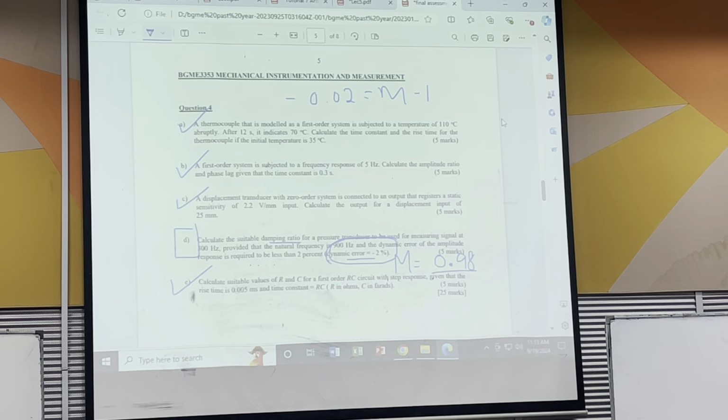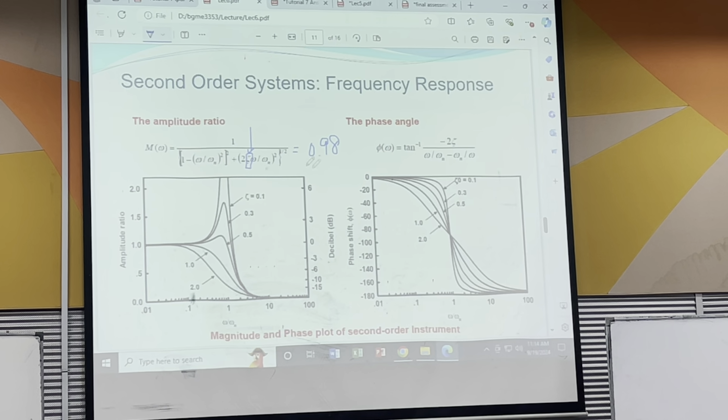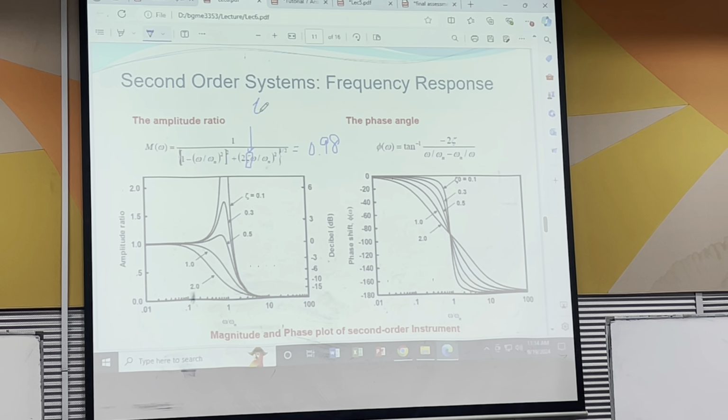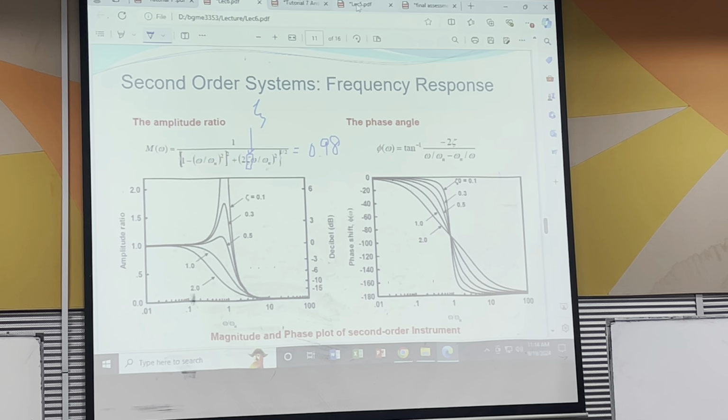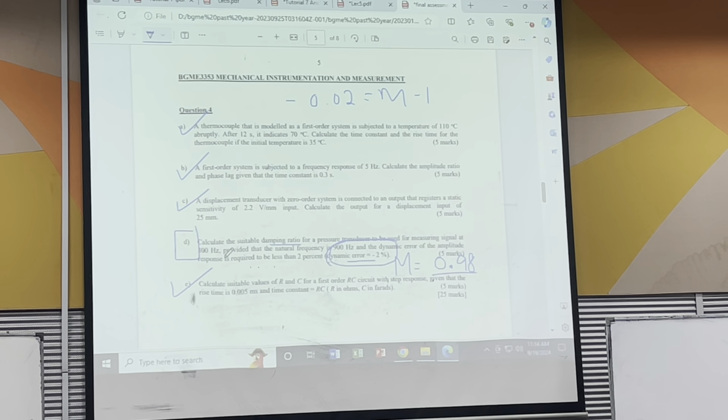Right, the rest is based on your skill of using your calculator already. You substitute this, using this whole entire amplitude ratio equals 0.98. So how do you find the damping ratio from here? Omega is given, right?